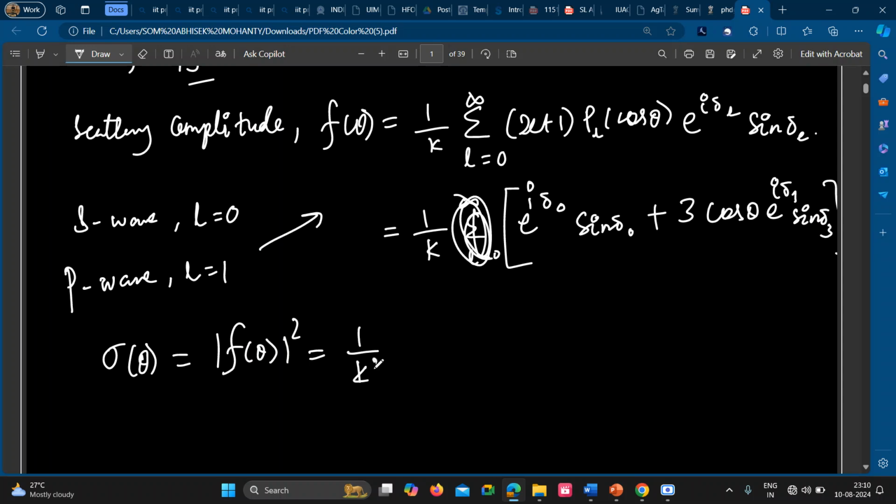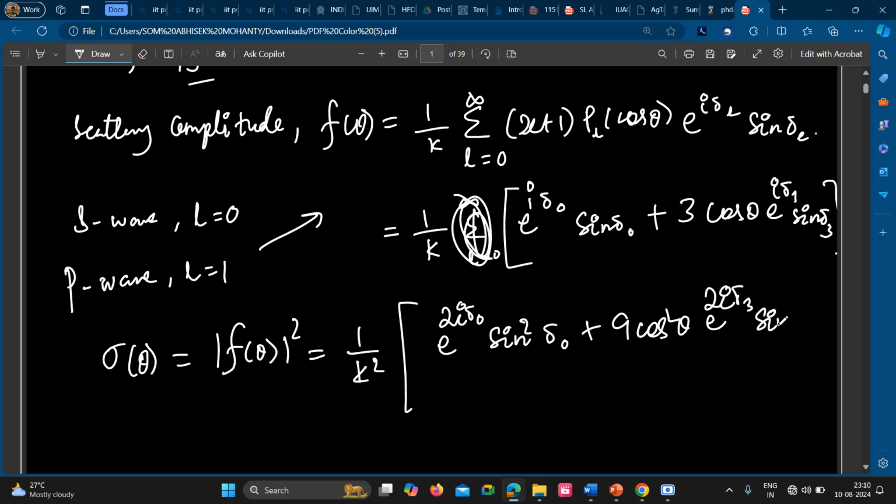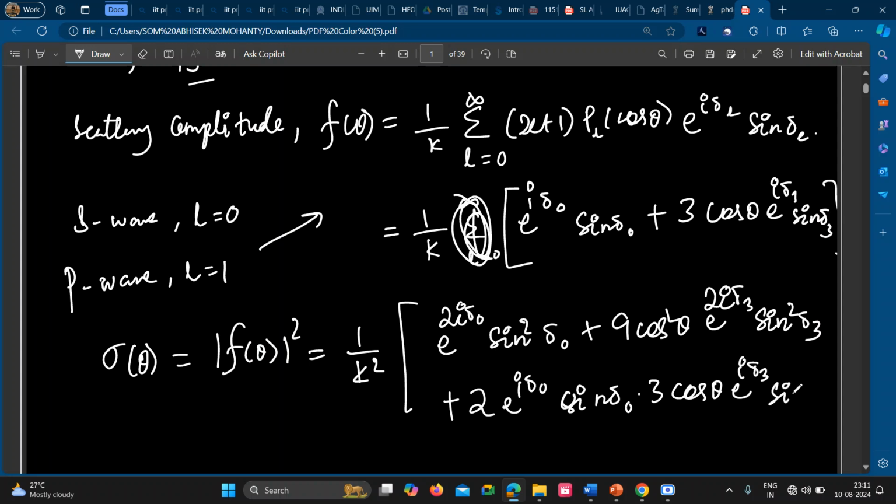So 1 by k square times the whole square of this whole term: e to the power 2i delta 0 sine square delta 0, plus 9 cos square theta e to the power 2i delta 1 sine square delta 1, plus 2 e to the power i delta 0 sine delta 0 into 3 cos theta e to the power i delta 1 sine delta 1. So this is the whole square term.